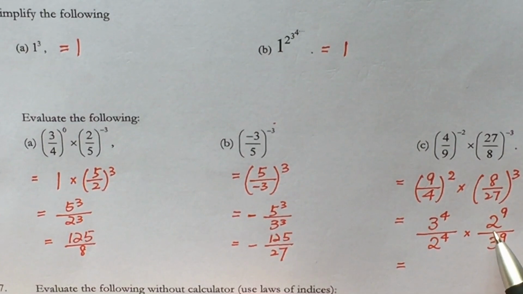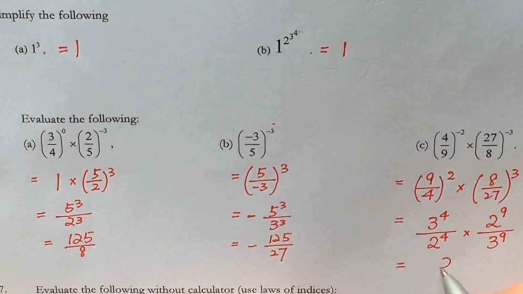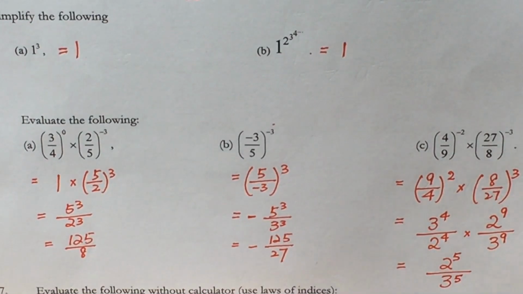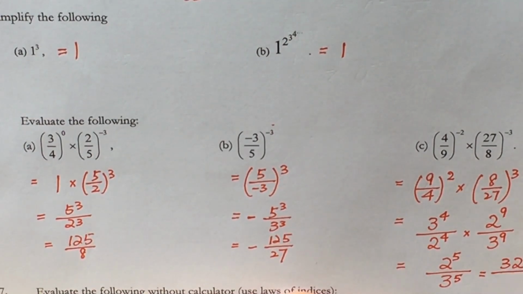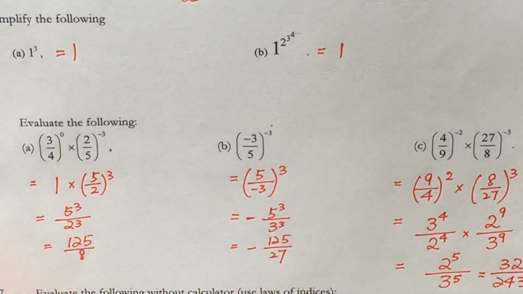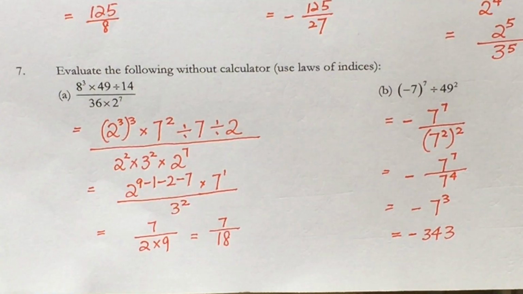So can you see that this is 2 power 9 and 2 power 4. So I'm left with 2 power 5 because 9 minus 4 is 5. And then the denominator, I have 9 3's here. I have 4 3's here. So after cancellation, I have 5 3's there. So 2 power 5 is actually 32. And then 3 to the power 5 is 243. So we have 32 over 243.